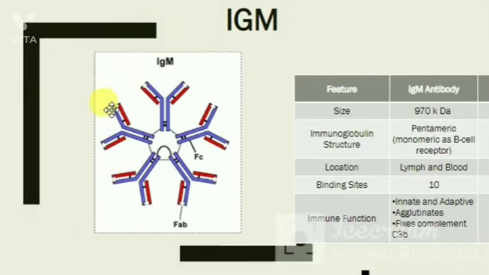After the antigen binds to the binding site, it goes to this region, the fragment of crystallization, which neutralizes the infection, the virus, whatever antigen is bound to it. The concentration of IgM inside the human body is usually 5 to 10%.